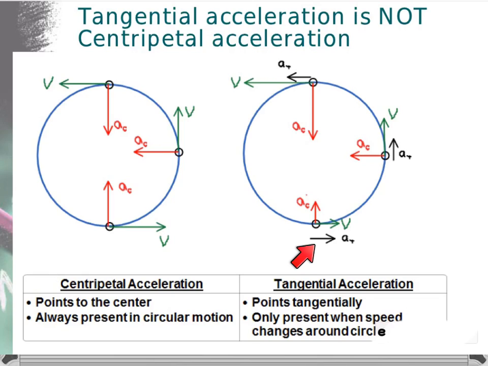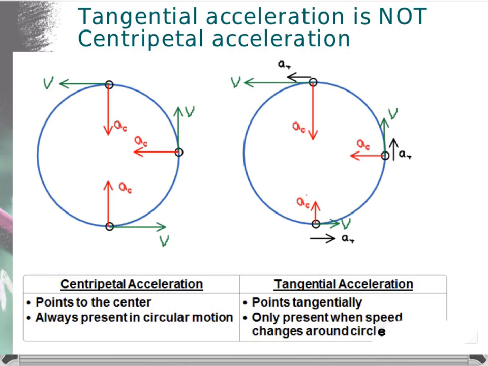And since we're speeding up as we go around the circle, tangential acceleration has to point in the same direction as tangential velocity. If we were slowing down, on the other hand, then these two would be opposite. This would be pointing toward the right, and this would be pointing in the opposite direction if we were slowing down.